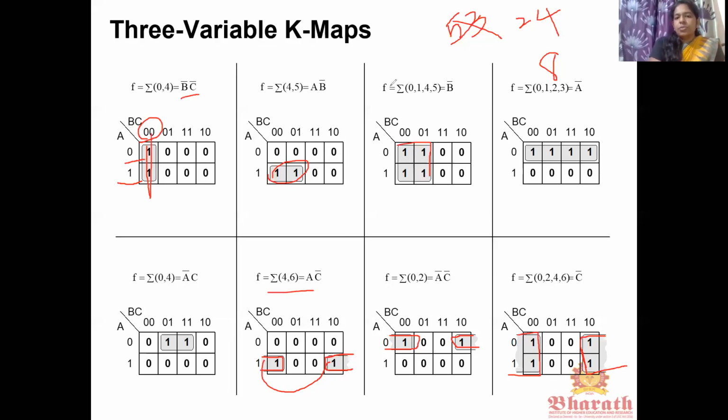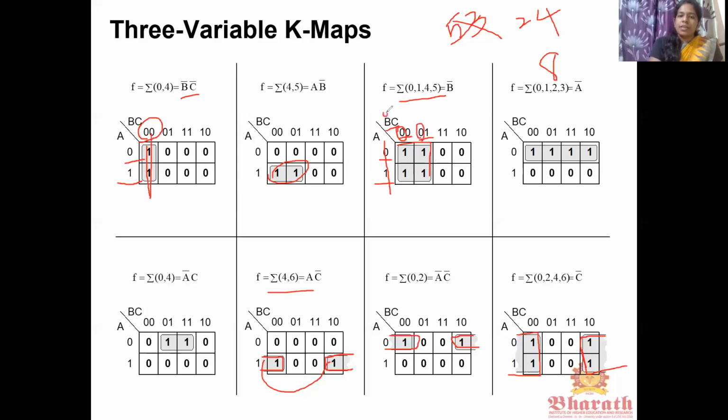Then moving on to this question, 0, 1, 4, 5. So we grouped 4. So see the row and column for this mapping. 0, 1. Different, just leave it. Here see 0, 0, 0, 1. Particular column, B, C. So value of B is 0 in the first column. Value of B is 0 in the second column.